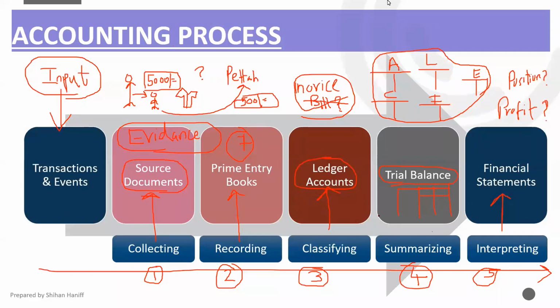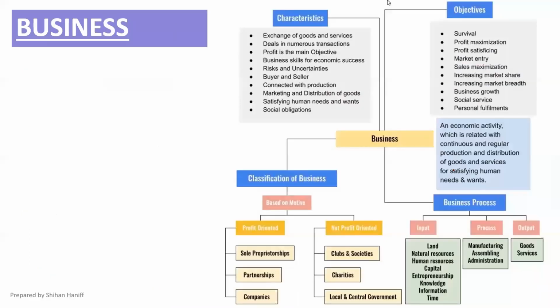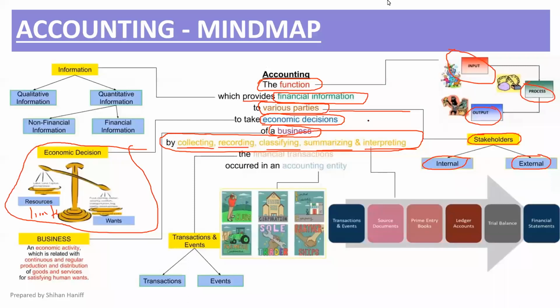Okay, now let's go back to the definition. I was explaining the function which provides financial information to various parties to make economic decisions of a business by collecting, recording, classifying, summarizing, and interpreting the financial transactions.